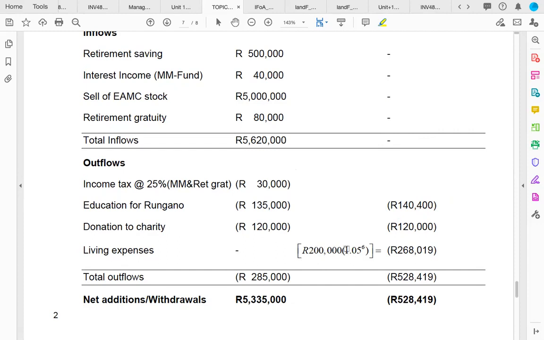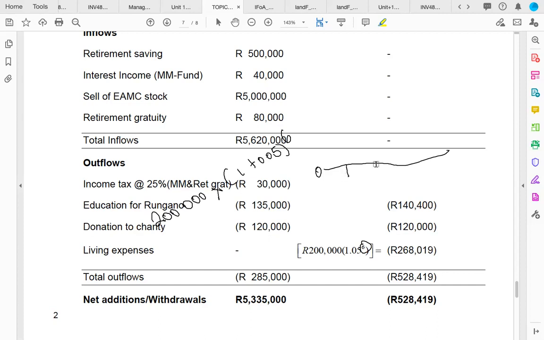Now, the living expenses are increasing at a rate of 5%. Okay, so these living expenses, we assume that the payment will be made at the end of the year, so we've just written it once. So we can take the current living expenses and then we can increase these by 5% over 6 years. So we've taken it to 6 years because we are currently at time 0.